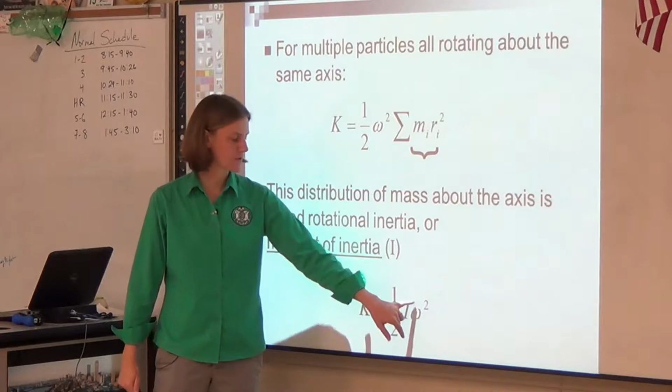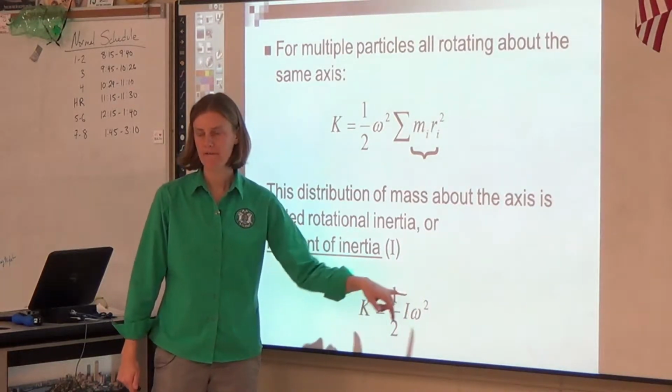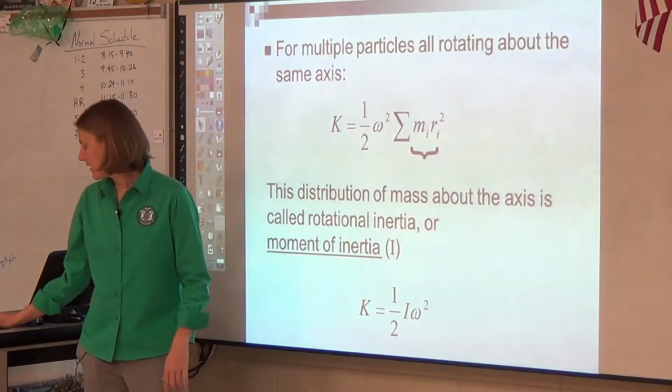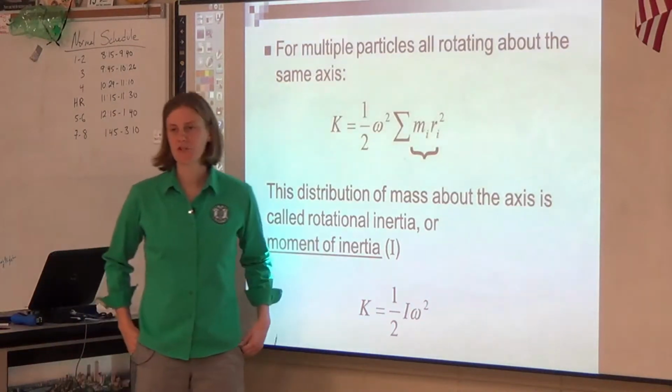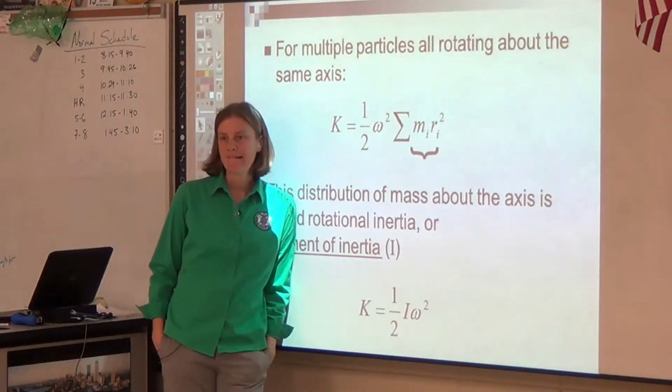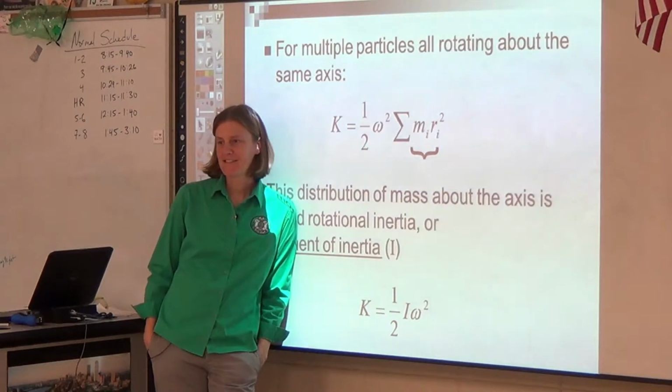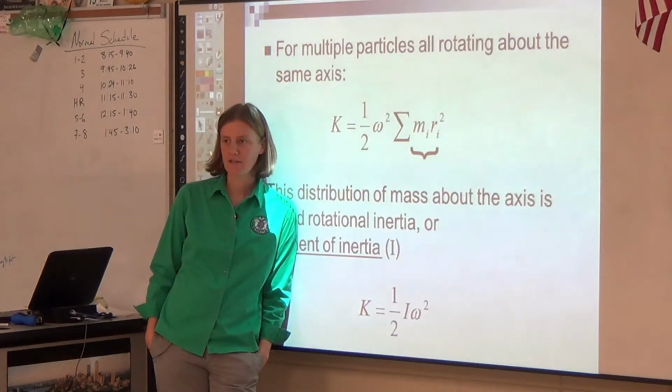But in the rotational world, if I'm talking about trying to get a tire to rotate, an 18-wheeler's tire or a sports car tire, even if they had the same mass, they're going to have different rotational inertias.